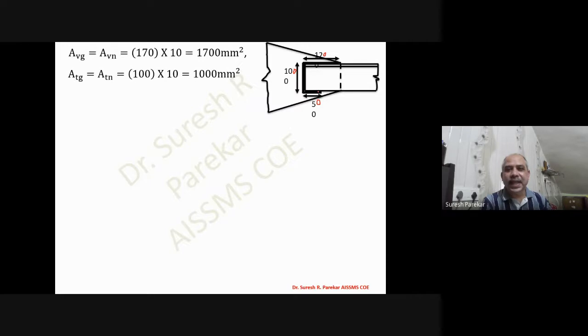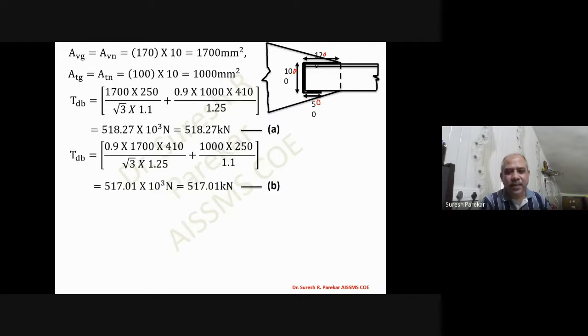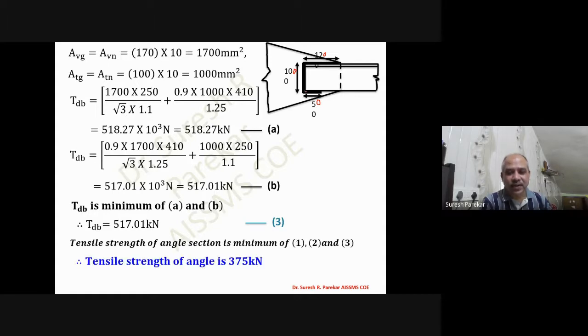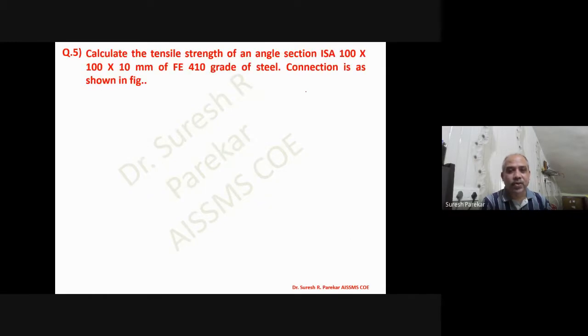And for Atg and Atn, that will be 100, the weld length, that is 100 into 10. This value comes much more, and therefore block shear strength is not required. The minimum of the three gives the tensile strength, and that is 375 kilonewton.